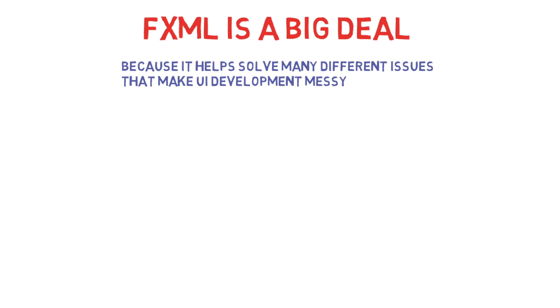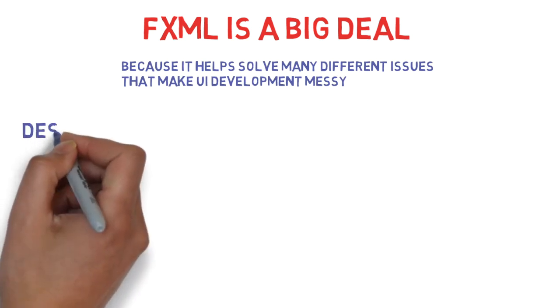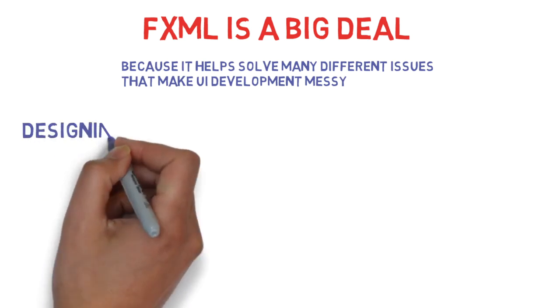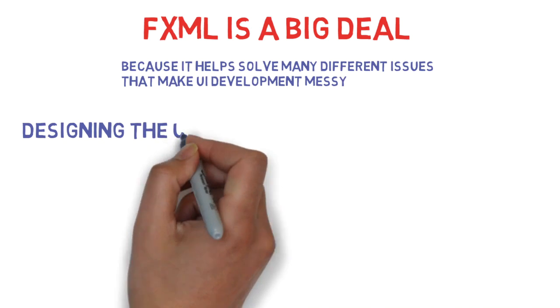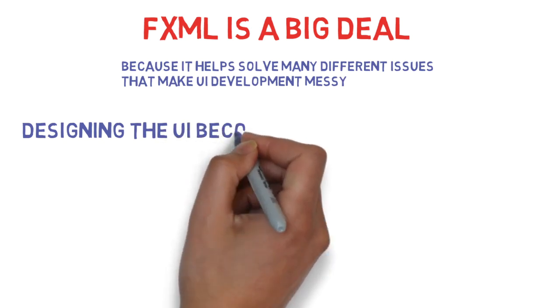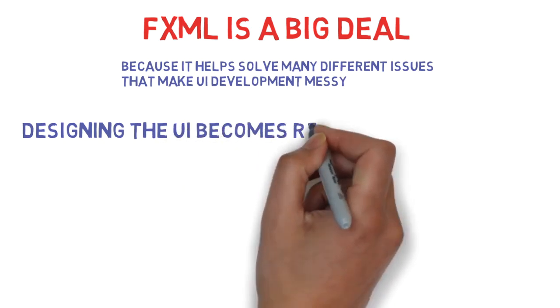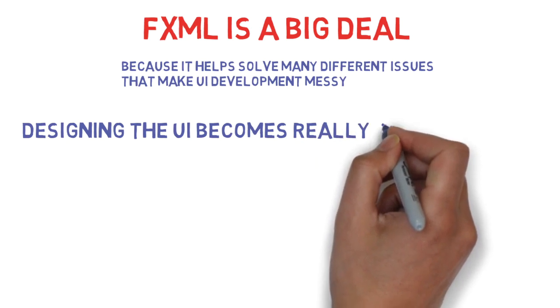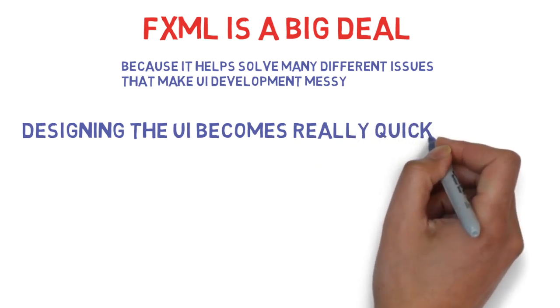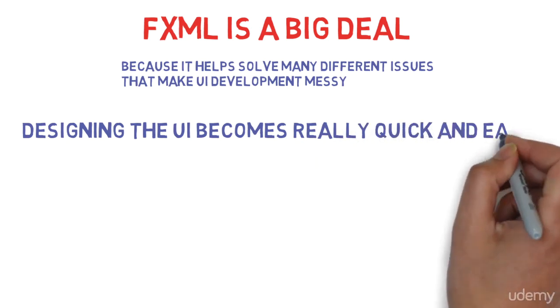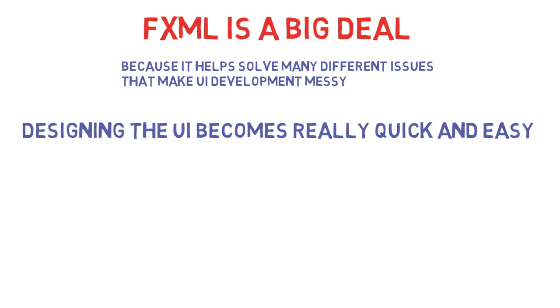Keeping all of these in sync is a hard problem. With the use of FXML, designing the UI becomes really quick and easy. FXML essentially decouples how the UI looks and feels from what the UI does. So basically, designing the UI becomes really easy and decoupled from the logic behind the UI.